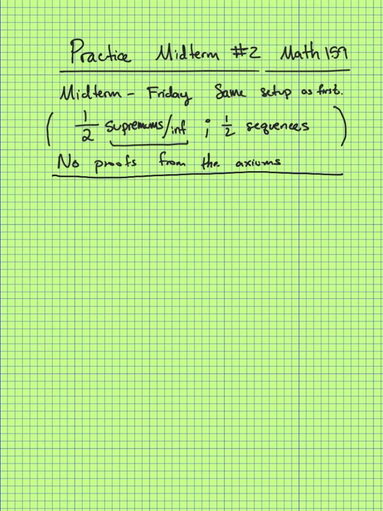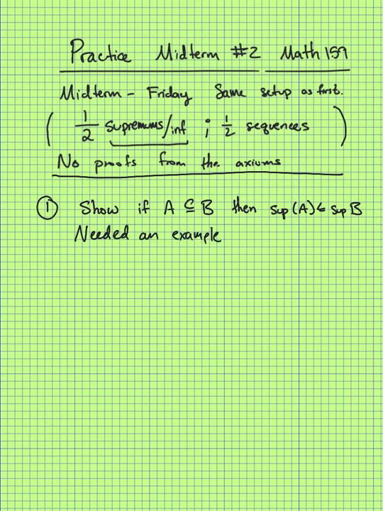Okay, so I'm just going to go through the midterm, which is in the files part on Canvas. For part 1, we had to show that if A is contained in B, then the supremum of A is less than or equal to the supremum of B, and then we needed an example where A is not equal to B. Actually, what I meant is A is still contained in B, and A is not equal to B, where the sups are the same.